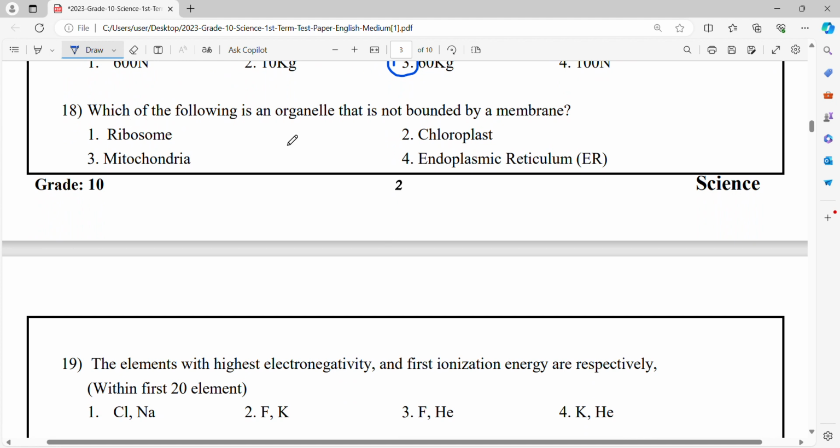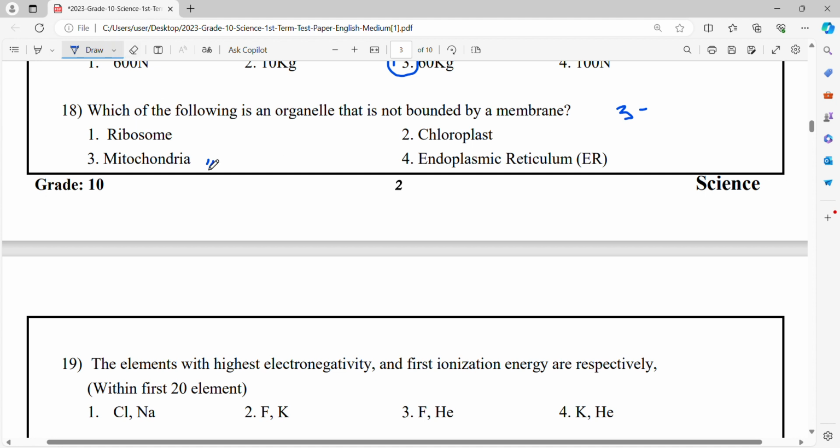Which of the following organelles is not bounded by a membrane? Actually we know that among organelles, some have a double membrane. For example, mitochondria, double membrane. Chloroplast, double membrane. Nucleus, double membrane.